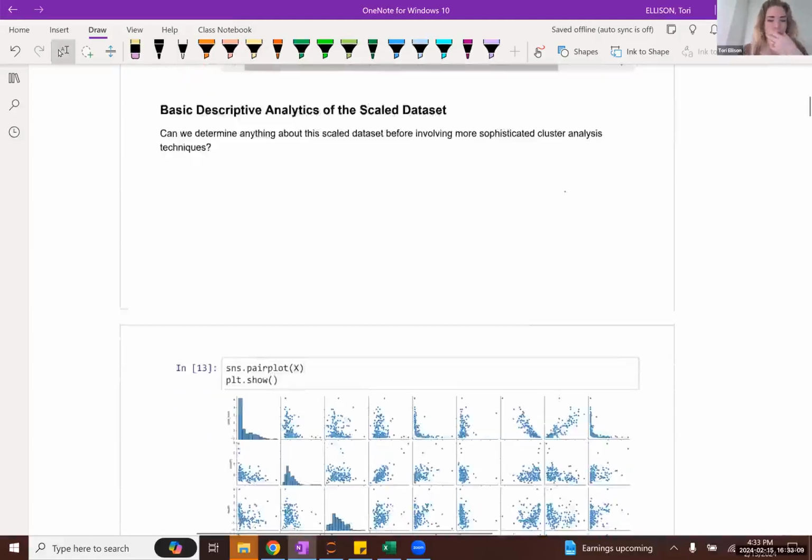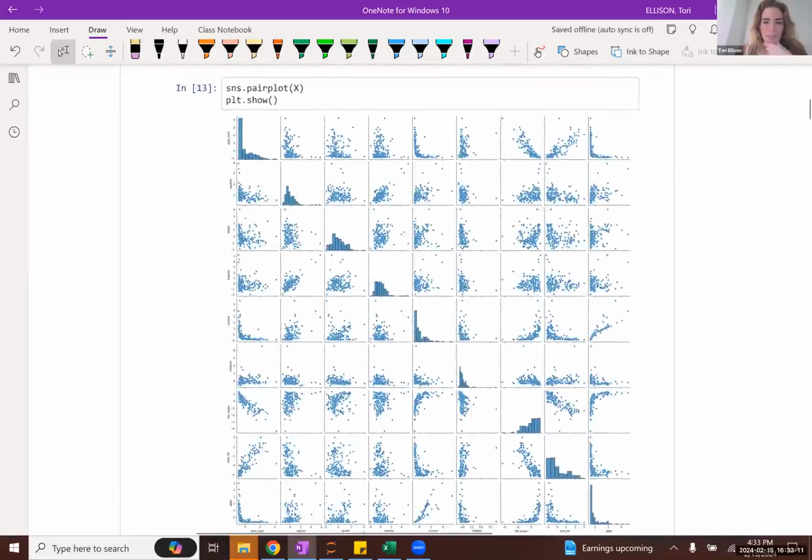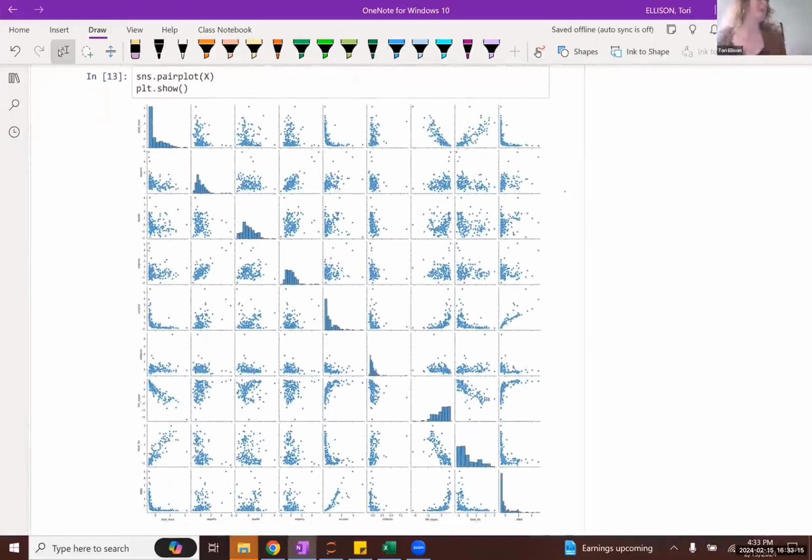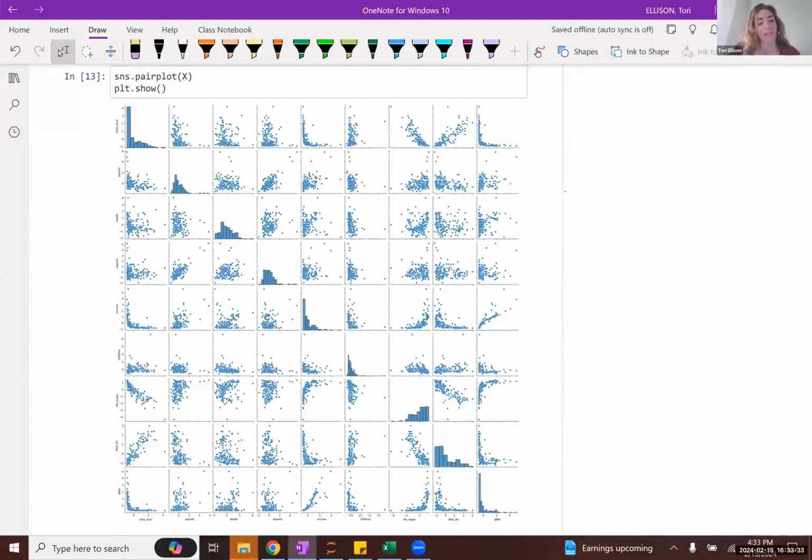Okay, all right. So now let's take a look at this scatter plot. You want to remember that clustering is a more sophisticated type of descriptive analytics technique, but it's always a good idea to explore basic descriptive analytics techniques before performing cluster analysis, because it can give you insights, for instance, as to what types of clustering algorithms may be more or less useful for your research goals.